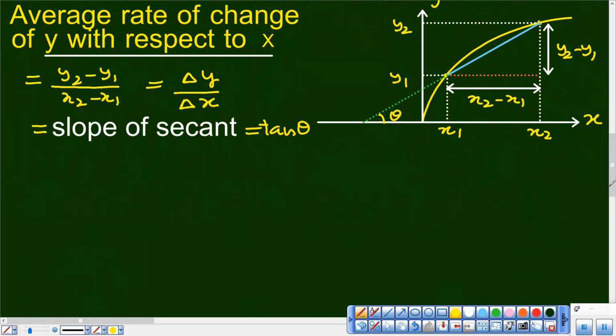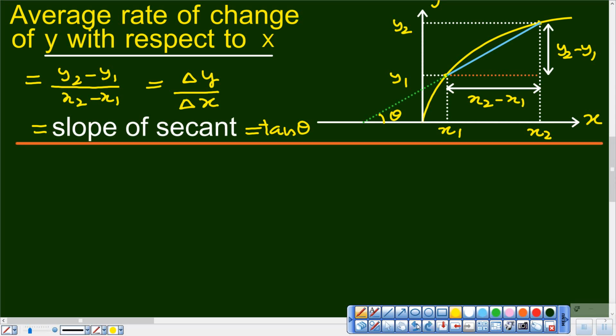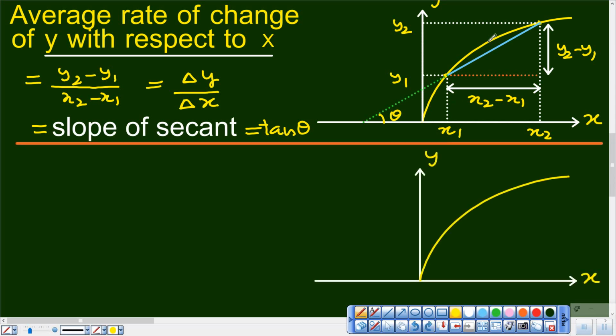Well, let us discuss something without giving the heading for the time being. We'll give the heading later on. Let us again copy the same curve. Again, repeat the process where I want to find the rate of change of y with respect to x between two different points. Maybe the points are again this and this.